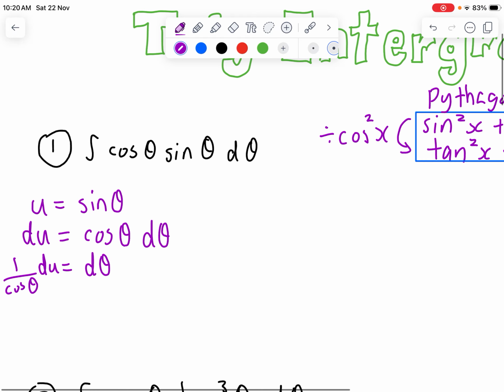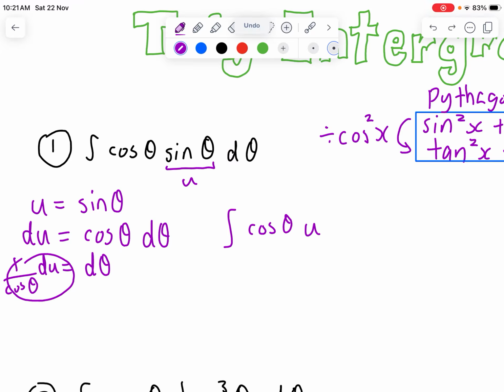If you notice already, this is very easy for us to cancel out. We let sine be u, and right now we want du, so I replace d theta with 1 over cosine theta du.